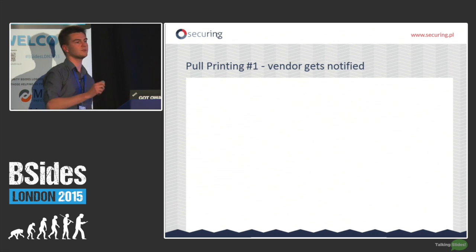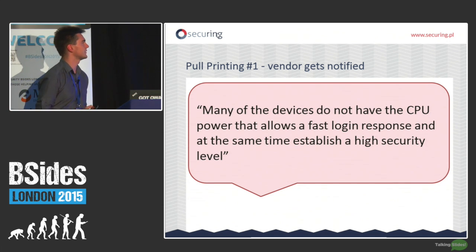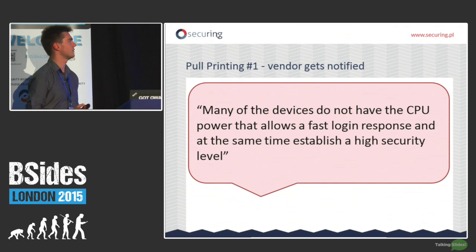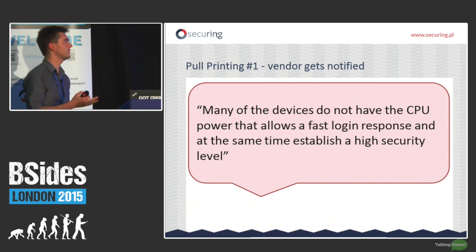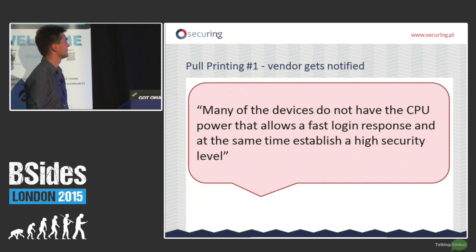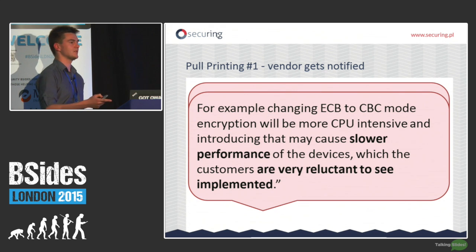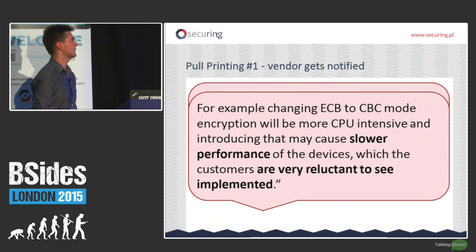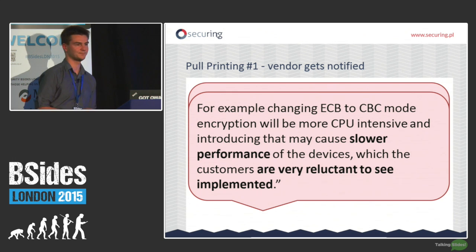We tried to notify this vendor, and he responded that, sorry, many of the devices do not have the CPU power, and we like features, small latency and speed more than security. Does it happen to you? They claimed that changing ECB to CBC mode of encryption would cause slower performance, and their customers are very reluctant to see it implemented, right?